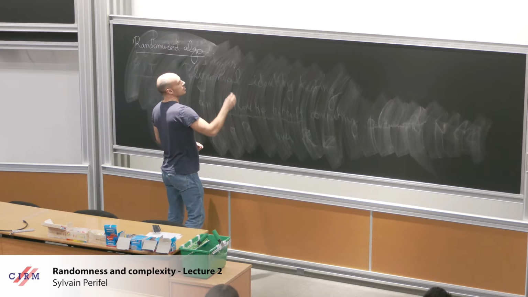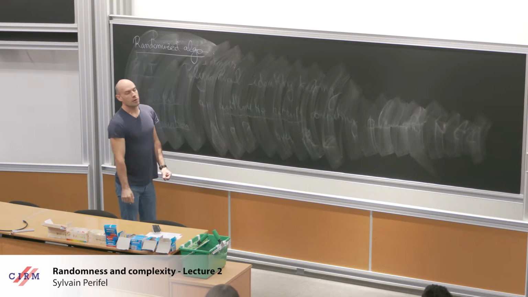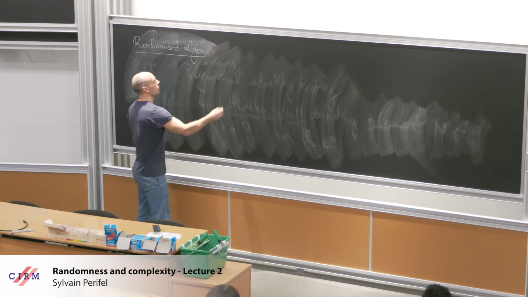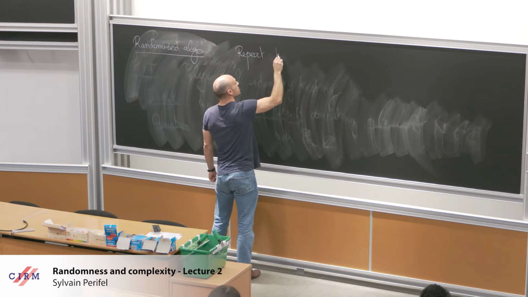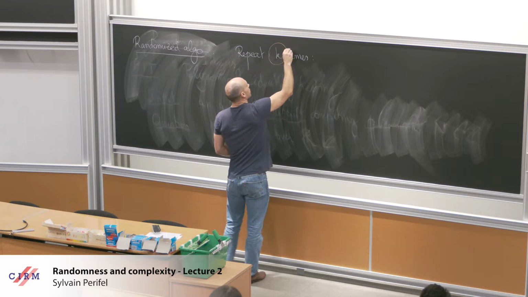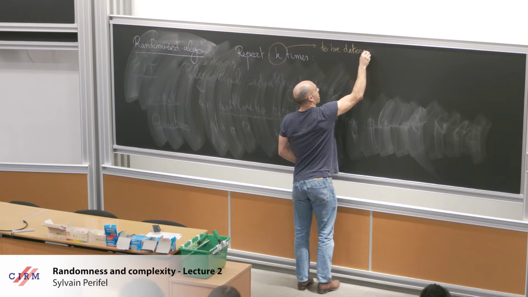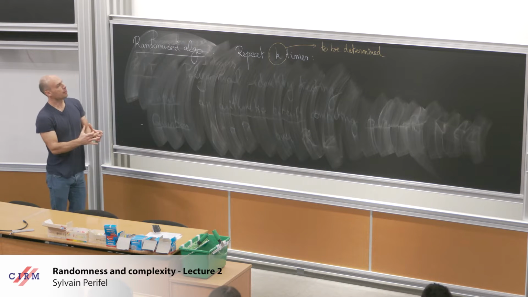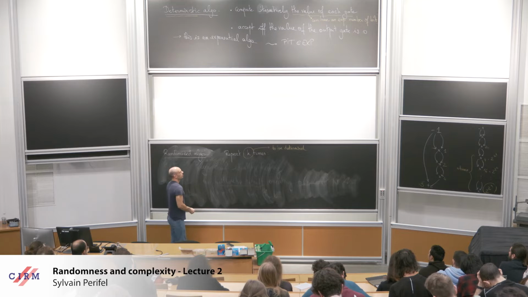What we do is we repeat a procedure several times, and we will try to understand afterwards how many times we must repeat it. So repeat, let's say, k times. k is to be determined later. Why is it important? Because this will determine the complexity of the whole algorithm.